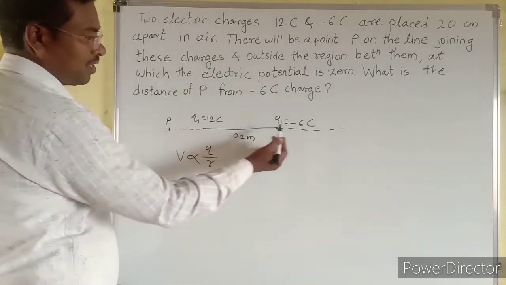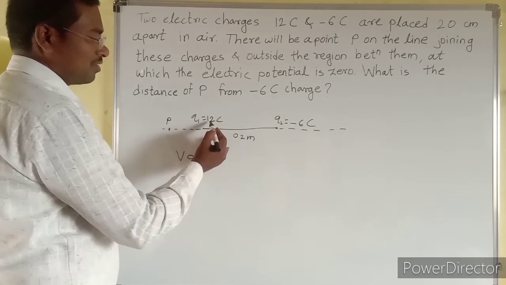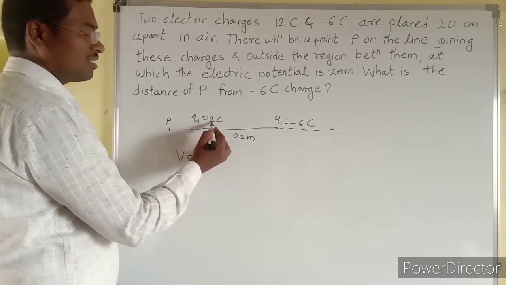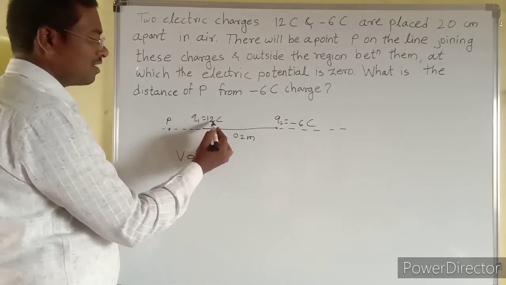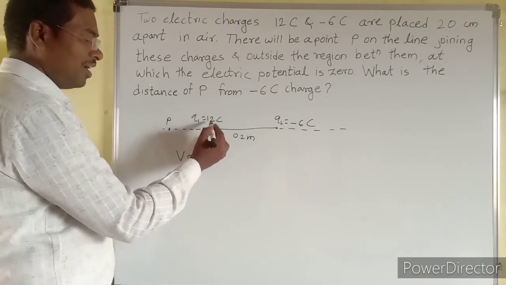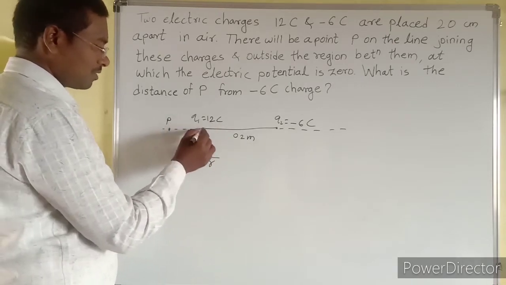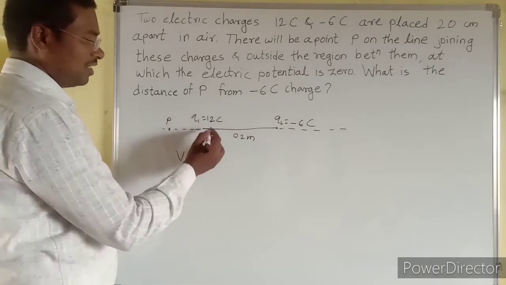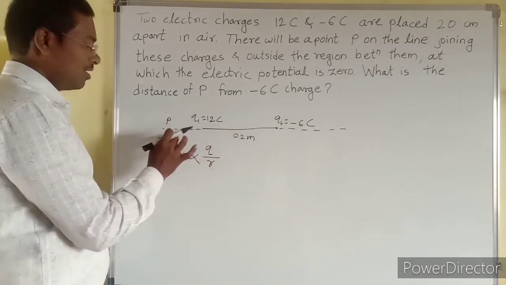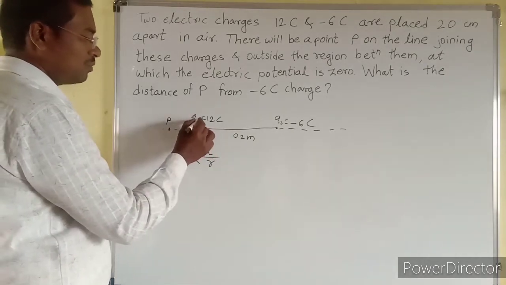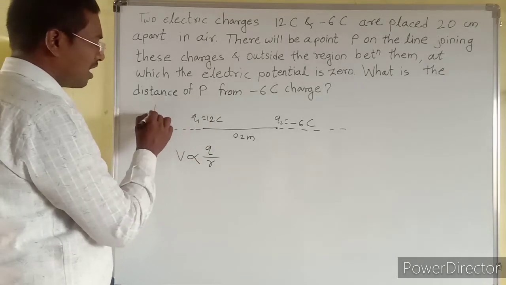Here, if we compare these two charges, the magnitude of Q1 is large, therefore its potential is large and its distance is small.